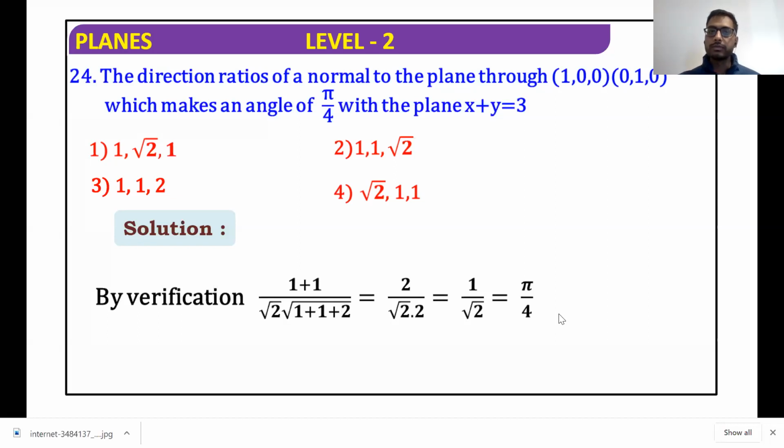Why 1 by root 2? Because it is given that it makes an angle of 45, and I know that cos of 45 is 1 by root 2. So upon substituting, it satisfies the equation, therefore that is your correct answer.